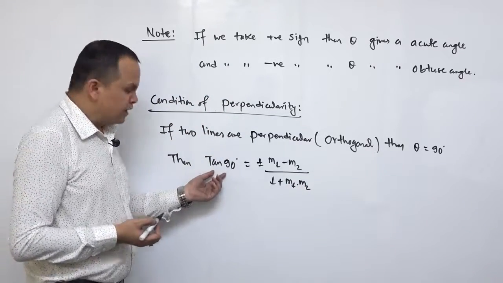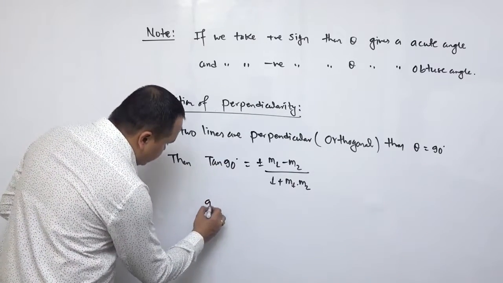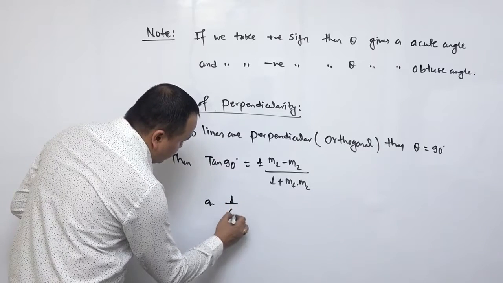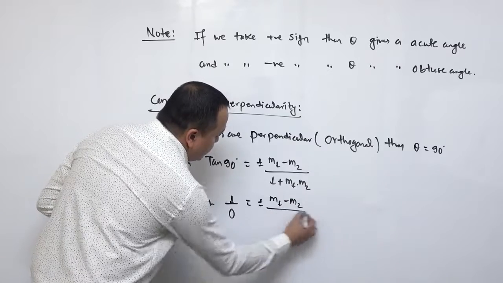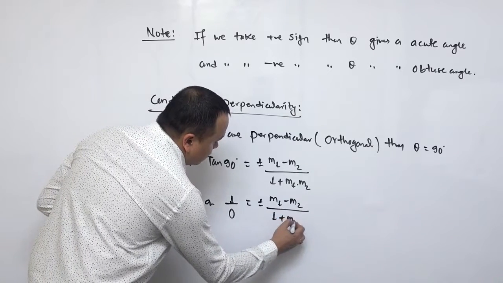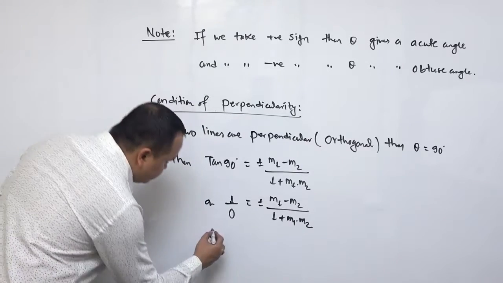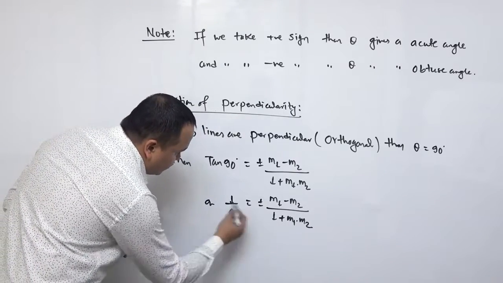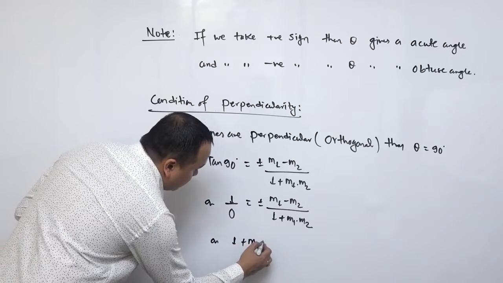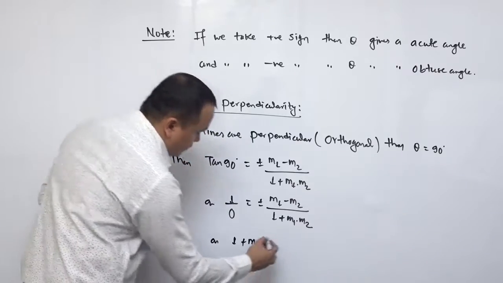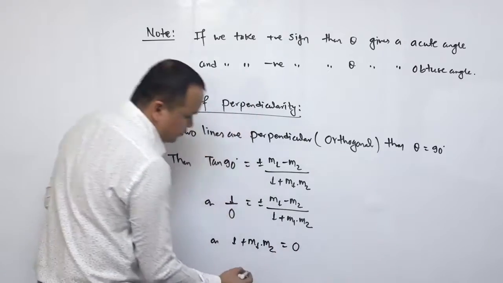The value of tan 90 is infinity, which is 1 upon 0. By cross multiplication, 1 into 1 plus m1 into m2 is equal to 0 into m1 minus m2, which is 0.